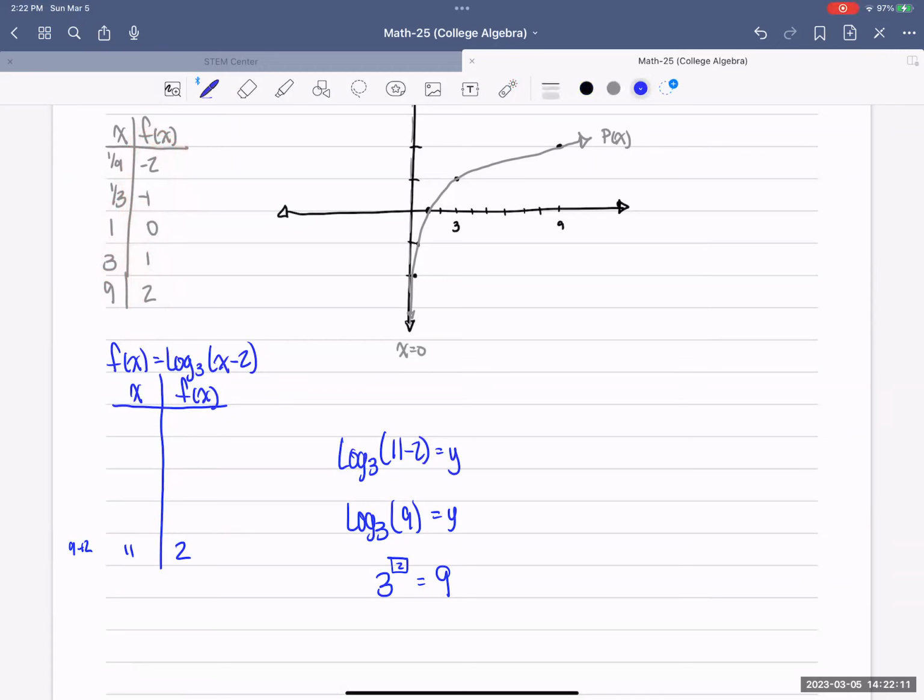So 3 plus 2 will give us 5. 1 plus 2 will give us 3. 1/3 plus 2 is 7 over 3. 1/9 plus 2 is 19 over 9. And here, this should still be 1, this should still be 0, this should still be -1 and -2.